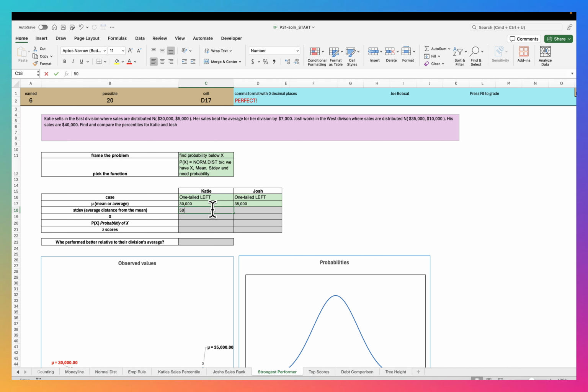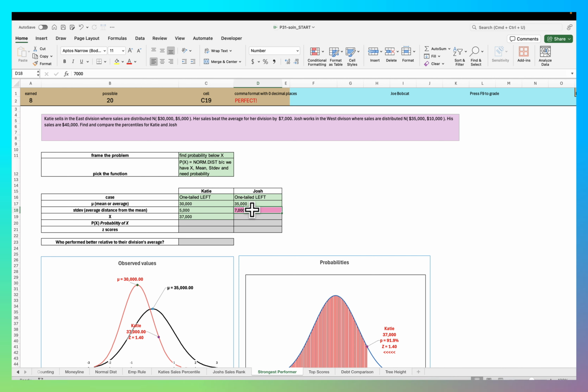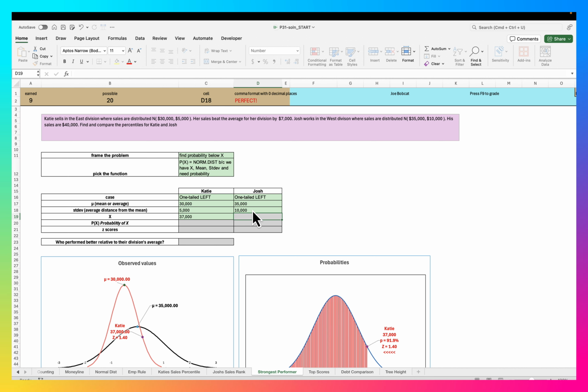Standard deviation is 5,000 for Katie, and, sorry, his sales are distributed with a standard deviation of 10,000 for Josh. And then x is 37,000 for Katie, and 40,000 for Josh.